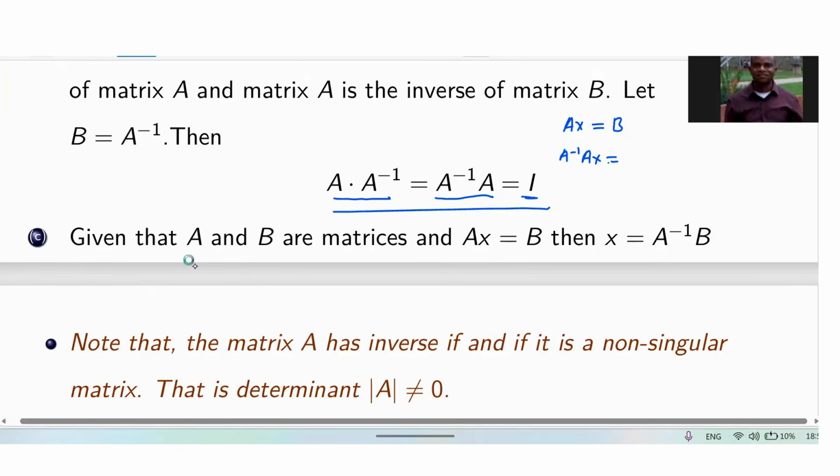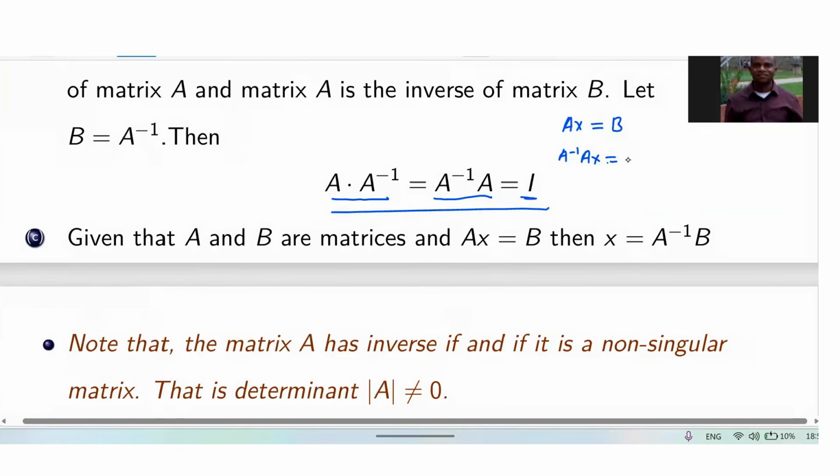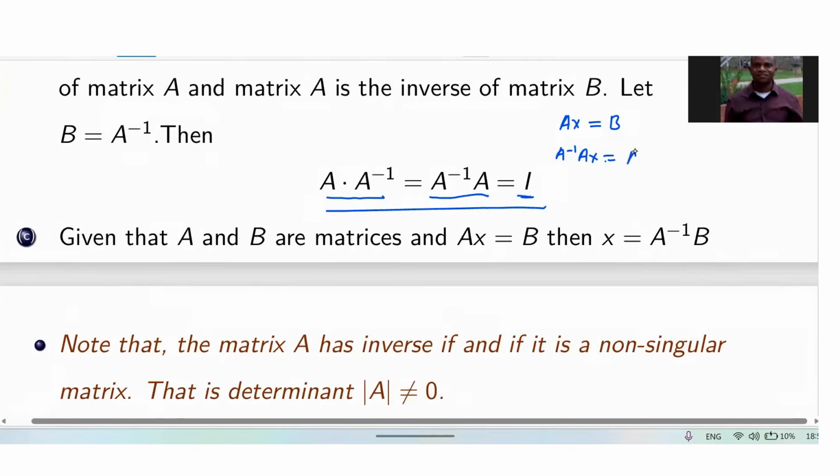So if I multiply by A inverse, I get A inverse times B, and I know that A inverse times A is identity. So this is identity times X is equal to A inverse times B, and this simply gives X is equal to A inverse times B. And we're going to see shortly how we can apply this property.